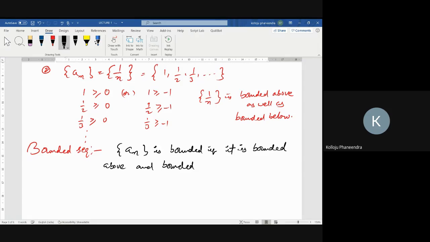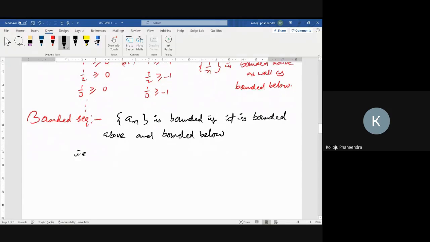Meaning of this is that every value is bounded above by m, and bounded below means greater than or equal to k. This is true for all n. This is called a bounded sequence. Any doubts in this concept?